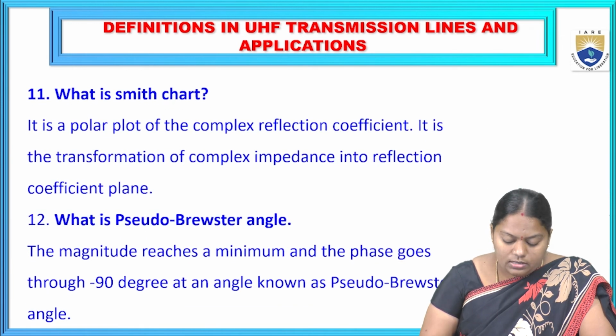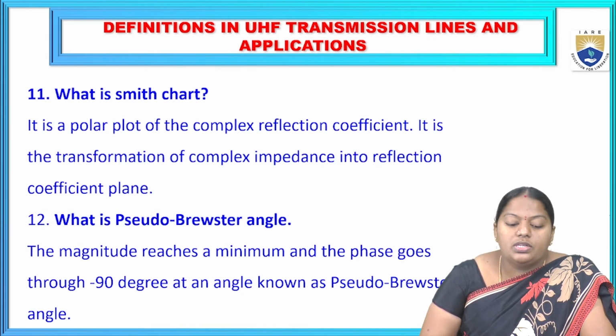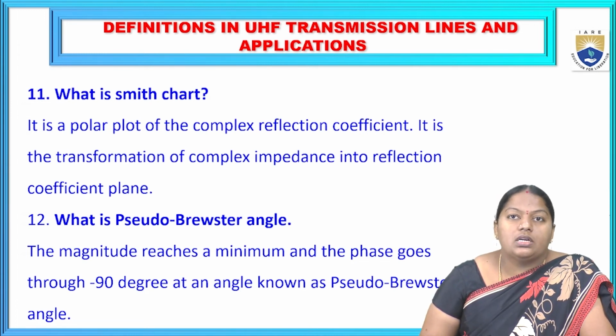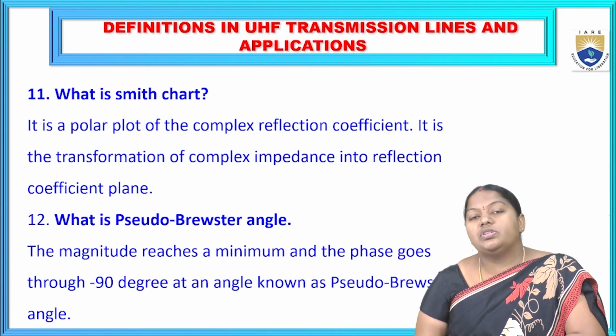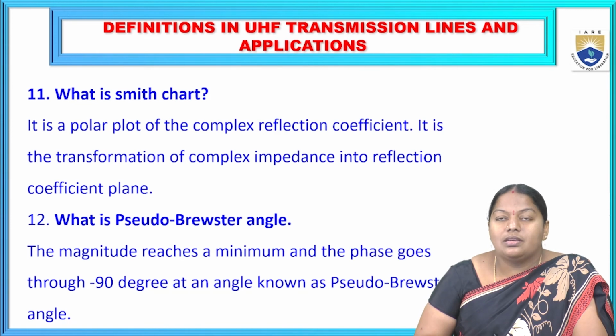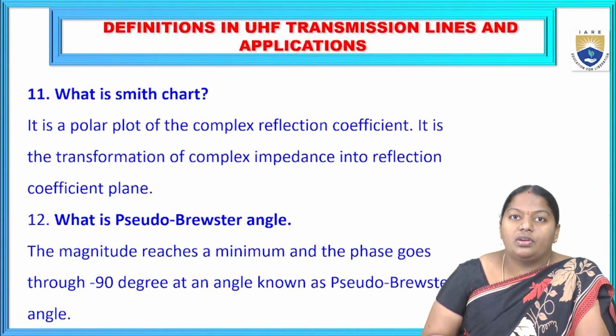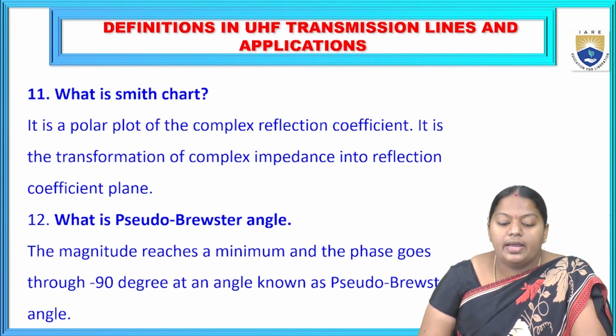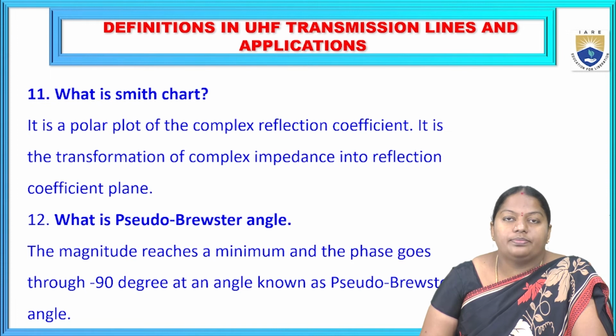Next, what is the Smith chart? It is a polar plot of the complex reflection coefficient. It is the graphical tool we use to measure the reflection coefficient, load impedances, and standing wave ratios, and it is said to be the Smith chart, right?